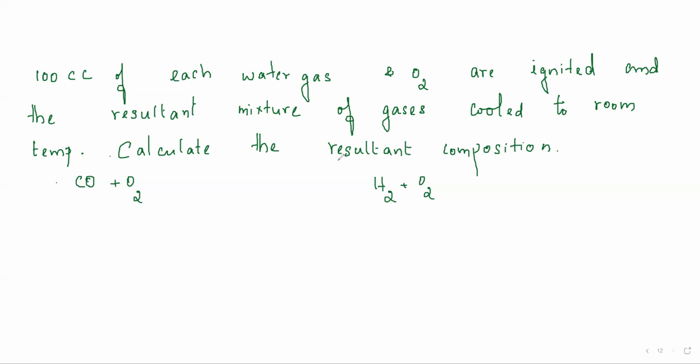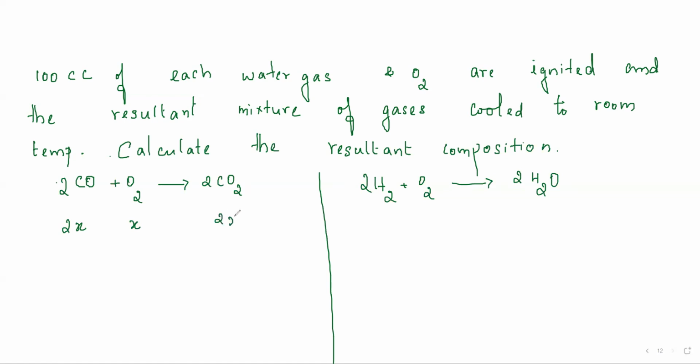Here 2CO plus O2 gives you 2CO2 and 2H2 plus O2 gives you 2H2O. Then the next point is, 2x as per Lussac's law requires x volumes of oxygen to produce 2x volumes of carbon dioxide. Similarly, 2x volume of hydrogen requires x volume of oxygen to give you 2x volume of water vapor.